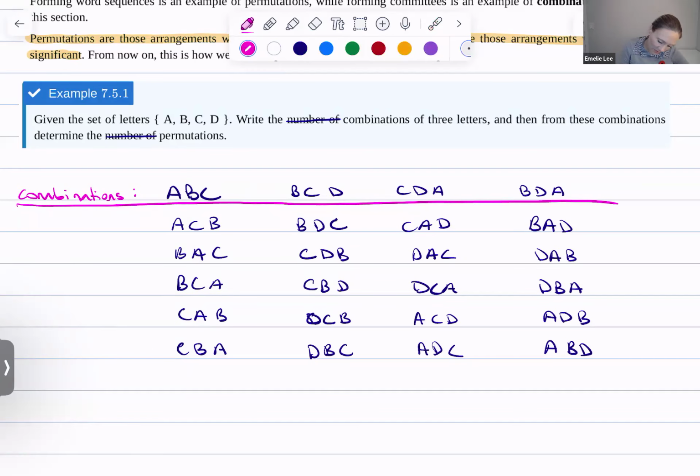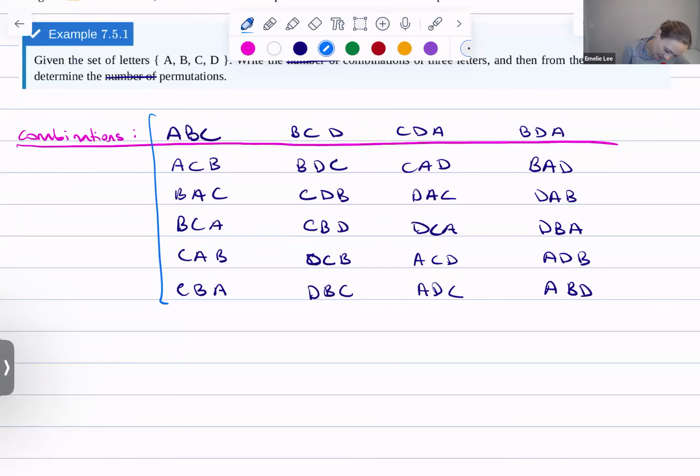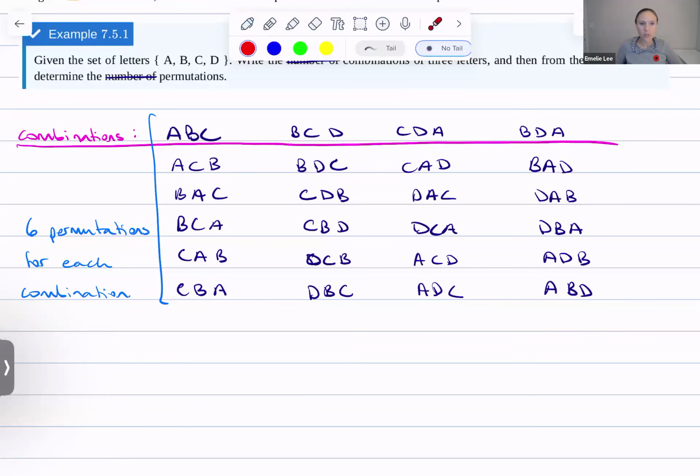And so here we get 6 permutations for each combination, which means that there would be a total of 24 permutations.